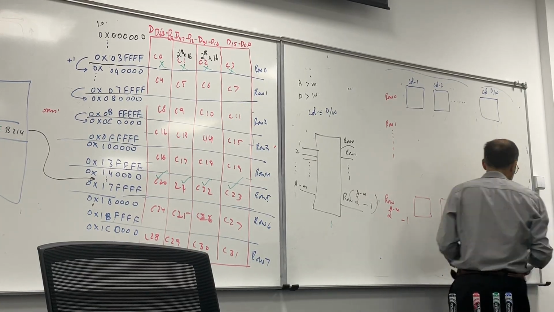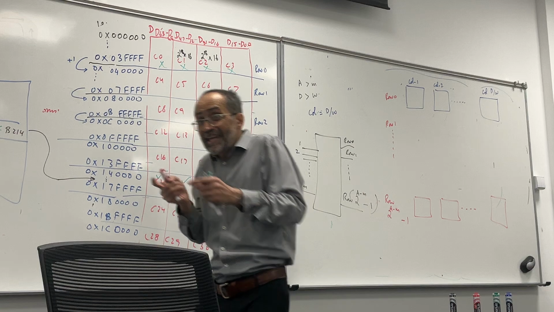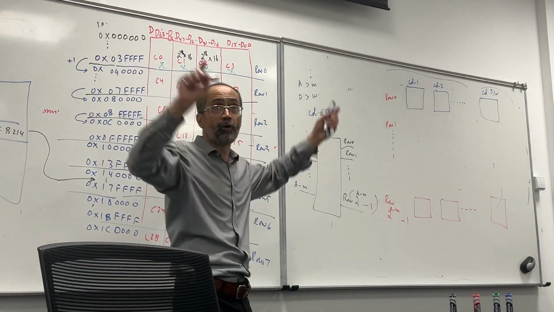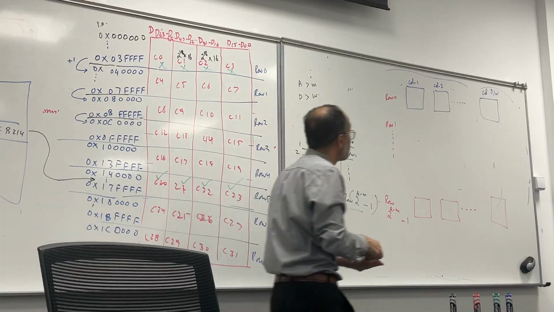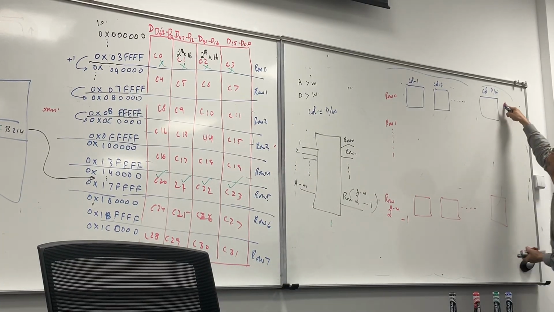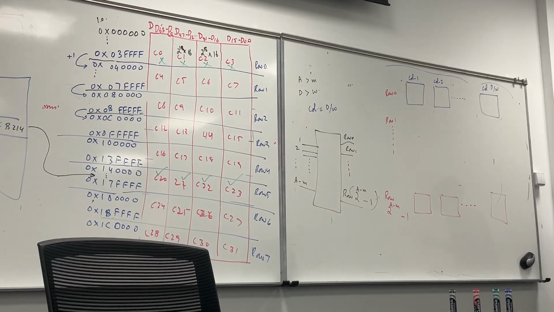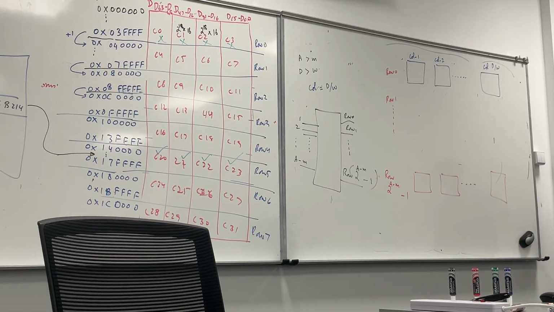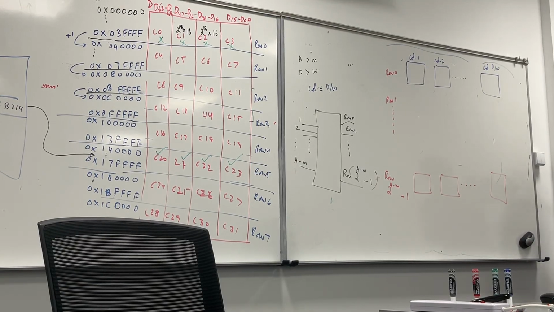Again, this column. Each chip, please remember, this is very important now. Each chip will provide how many bits? Each chip will provide W bits. So W bits will be provided from here.